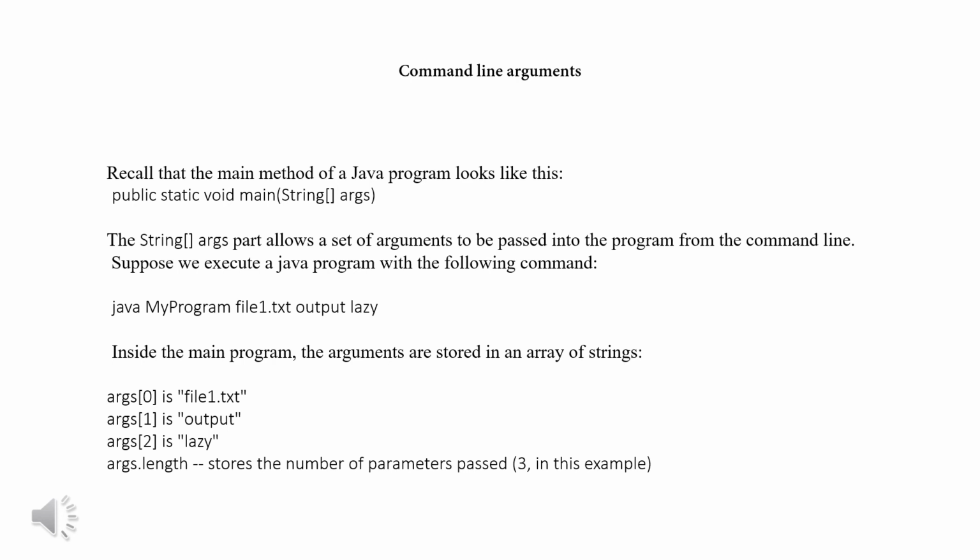So if, for example, in the command line we write java, then the name of that program, my program, file1.txt output lazy, right? So file1.txt output lazy would be the array of strings that would be stored inside args. So now args[0] is file1.txt, args[1] is output, and args[2] is lazy. And if we want to see the length of args, we write args.length, which is 3.